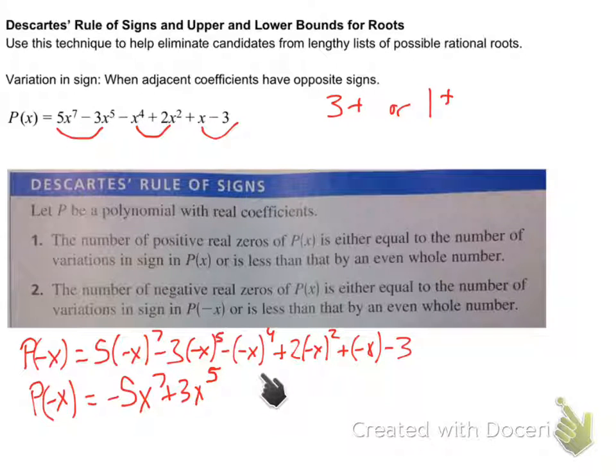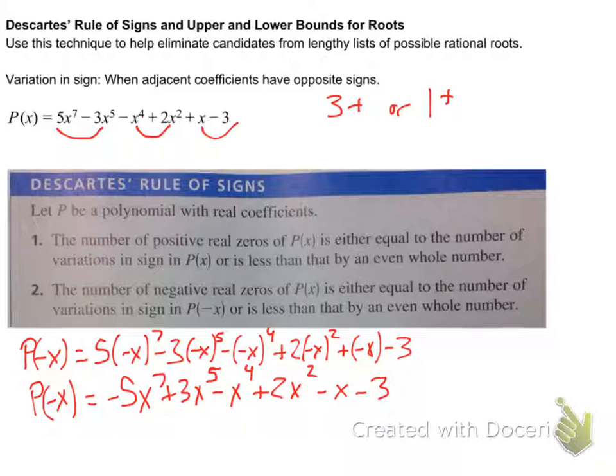What happens with the 4th power, though? Anything to the 4th power turns out positive at all times. So the negative on the outside gets to stay, it is not affected. Same thing with the 2x squared. Adding a negative x is the same thing as subtracting x, minus 3.